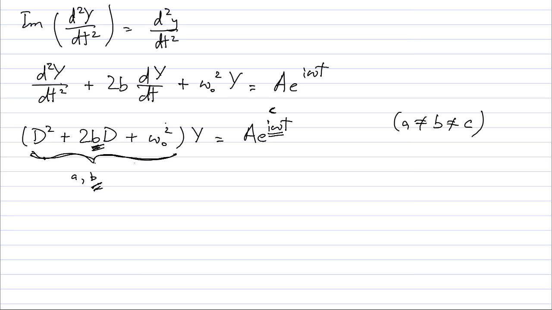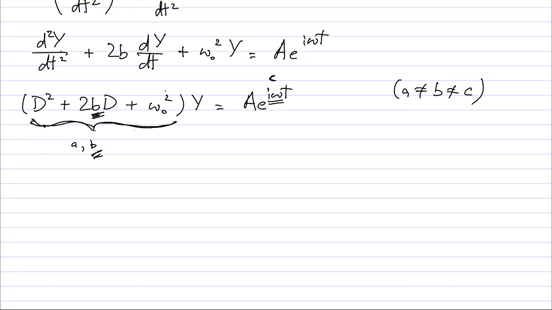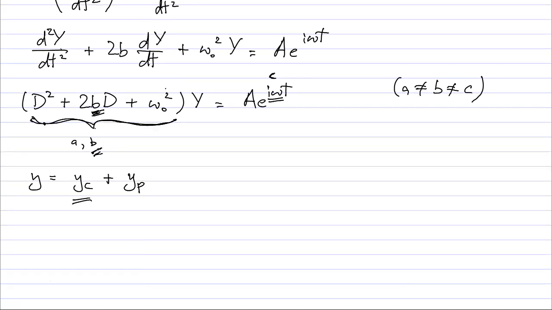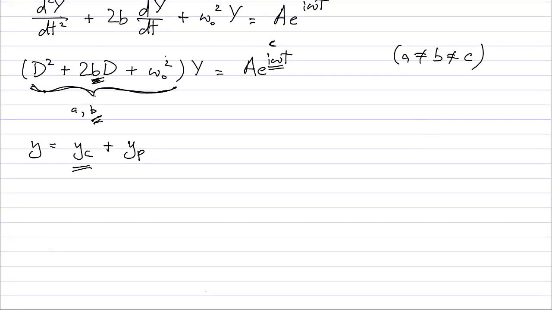I don't write down the complementary function because the total solution is the sum of these two. I have already found this before, in the previous set of videos. So I need to find this out. Since A is not equal to B is not equal to C, I can simply guess.